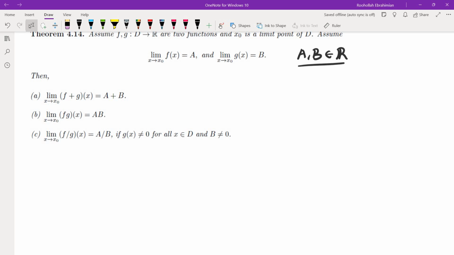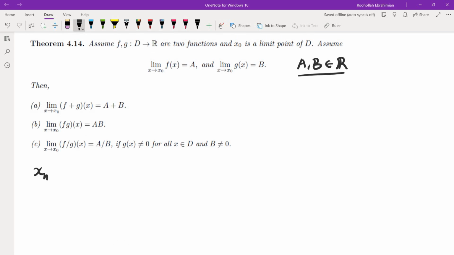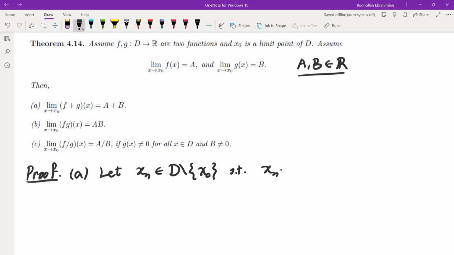This pretty much follows from what we have done for sequences. So you take a sequence xn. I'm going to actually prove one of these just so you see how it can be proved. So let xn be a sequence in D minus x naught such that xn approaches x naught.